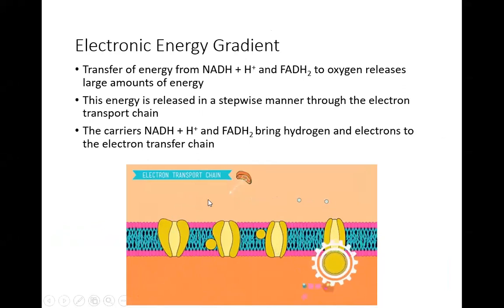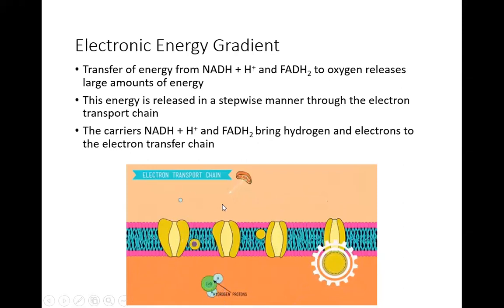The hydrogens will get pumped into the inner membrane matrix here. The energy to pump the hydrogens across the membrane is coming from the high energy electrons. We keep pumping hydrogens across the membrane here. They keep coming back through this structure called the ATP synthase. Every time it goes around, we make an ATP.